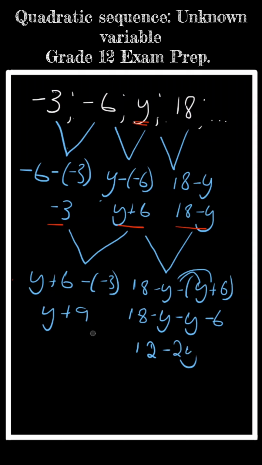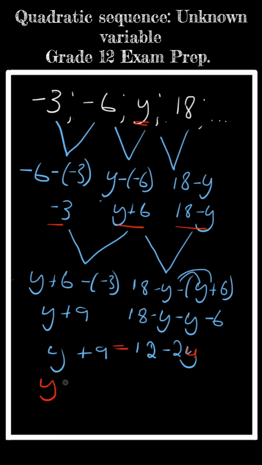So remember, I say that the property of a quadratic sequence is that the second difference is equal, which means y plus 9 will be equal to 12 minus y. And we just solve for y now.